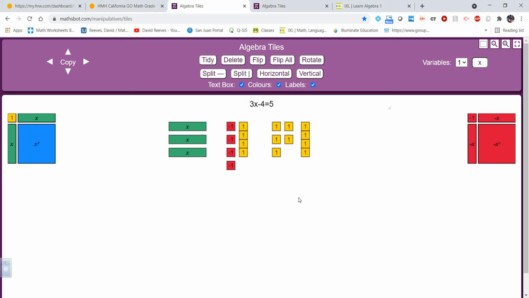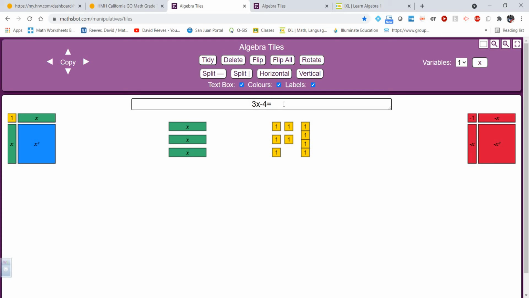So now I've added 4 to both sides. You can see there's 4 extra and there's 4 extra. Well, the great thing is that plus 4 and that minus 4, they are inverse operations, so they cancel each other out, okay? So now if you take a look what's left, I now have 3x is equal to 9.